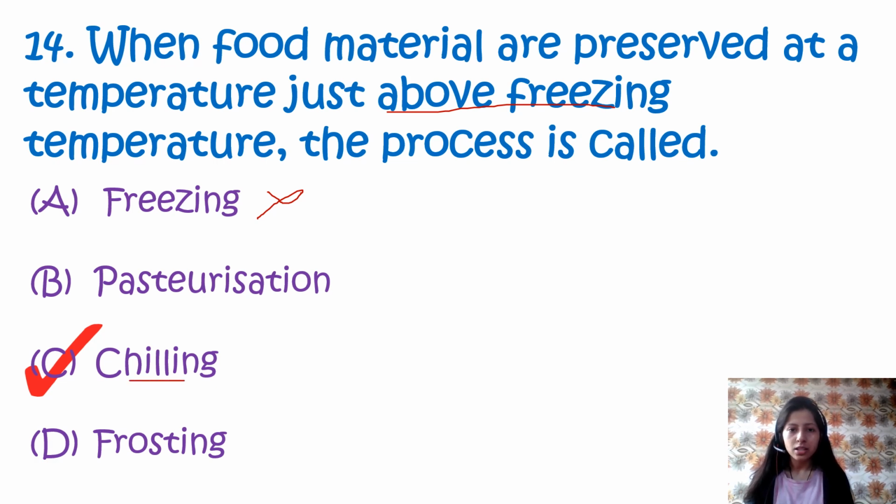Frosting is the term used for the formation of ice crystals on the surface of food items. जब भी food items में ice crystal का formation होता है, when the temperature of the food item is below the freezing point of the water, उसको हम term करते हैं as frosting. So here my correct answer will be option number C, that is chilling.